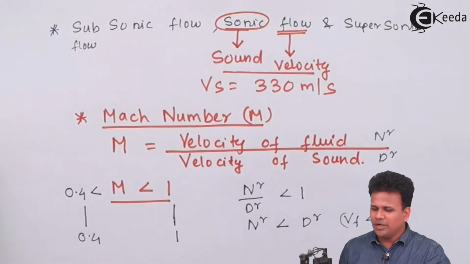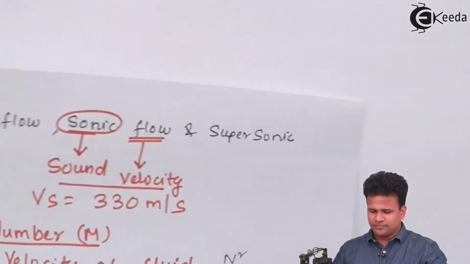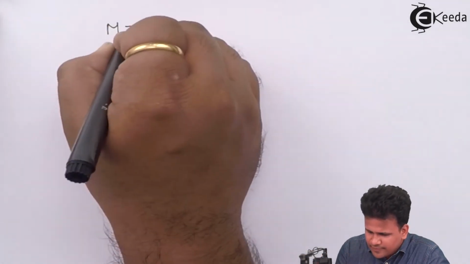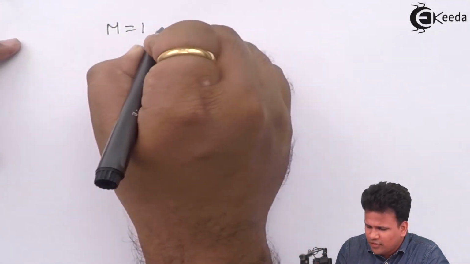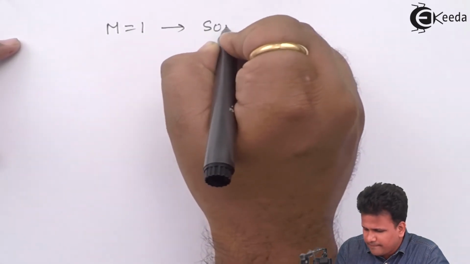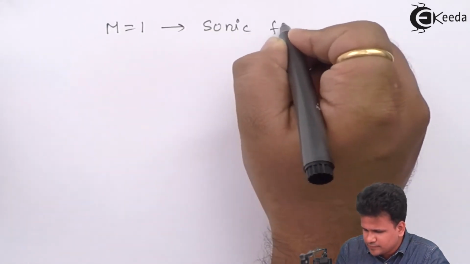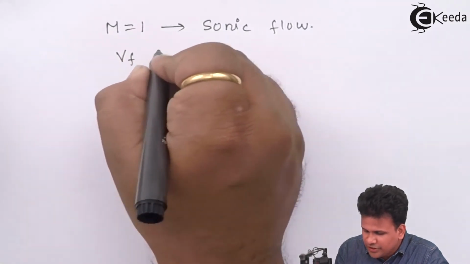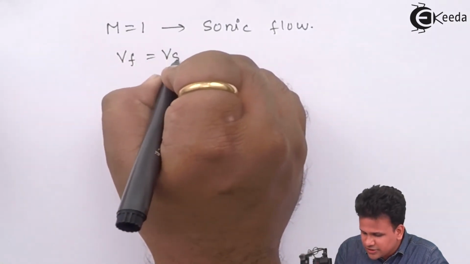Let us see what a sonic flow is. Now, sonic flow can be derived by Mach number itself. For a sonic flow, Mach number is equal to 1. That means the velocity of fluid is equal to the velocity of sound.